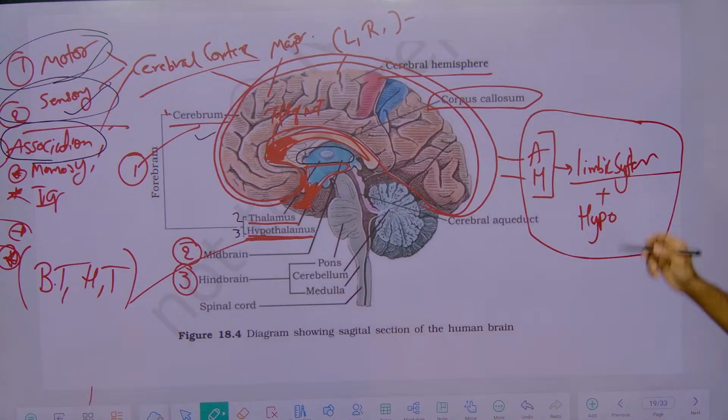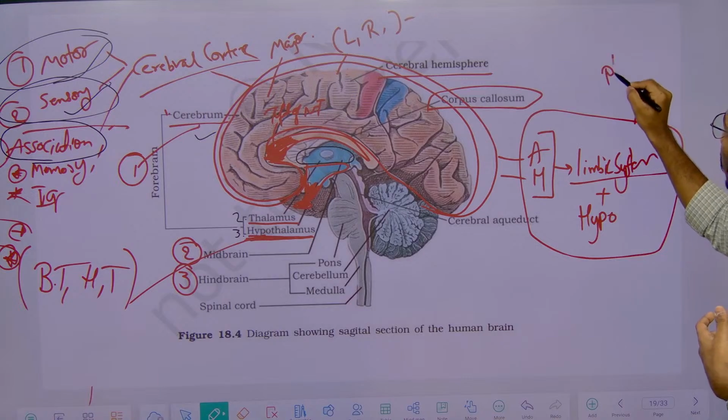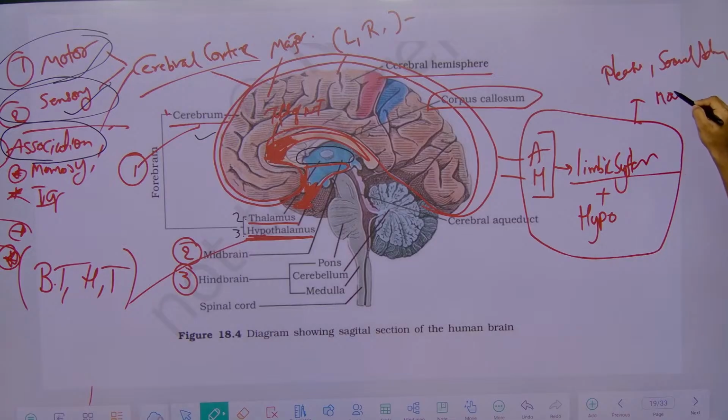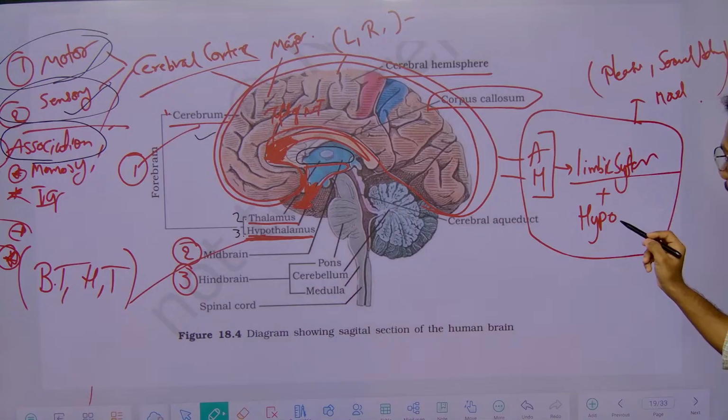What are the functions? Those involved in pleasure, sexual activities, right? All the mood swings. These kinds of activities are done by the limbic system along with the hypothalamus.